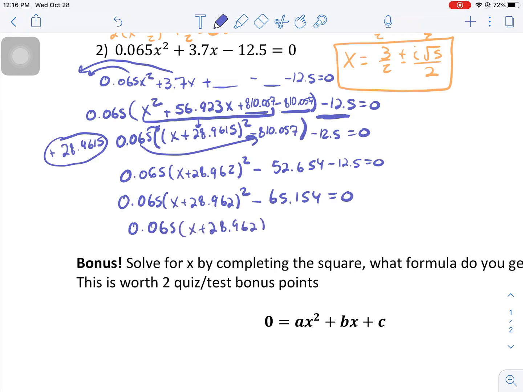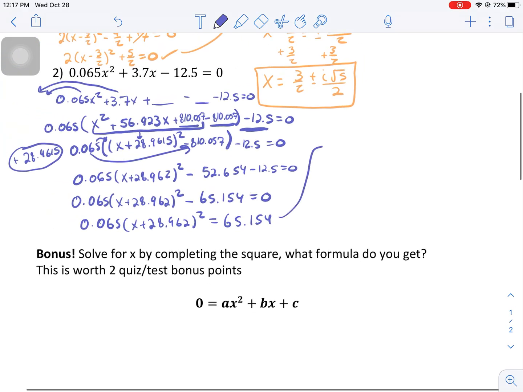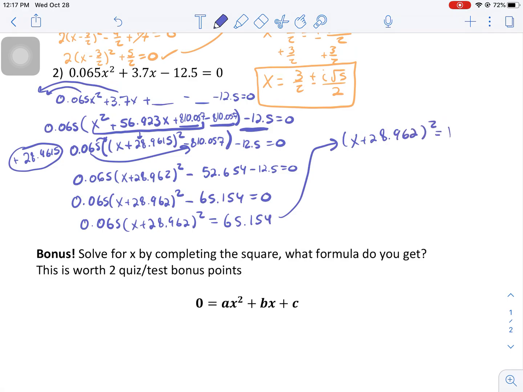So it's 0.065 times x plus 28.962 squared equals 65.154. Now we're going to divide that number by 0.065. Okay, so now we're getting kind of big with our numbers. So it's x plus 28.962 squared is equal to 1,002.365. Square root both sides.